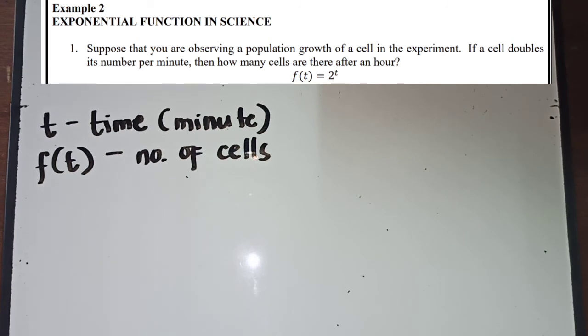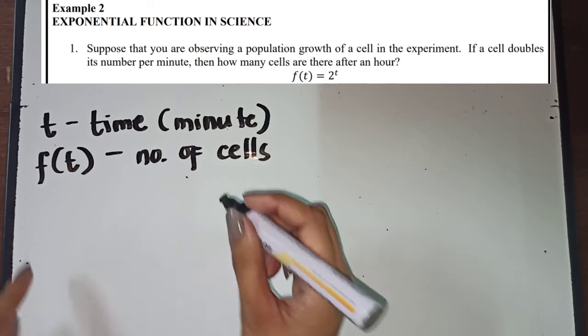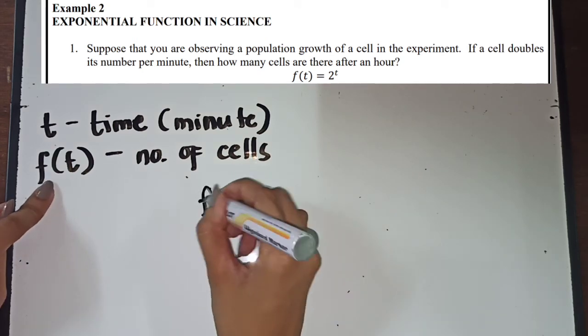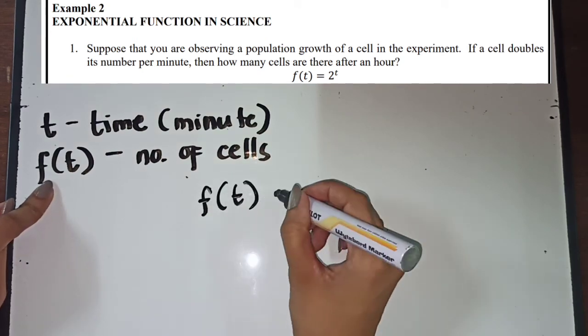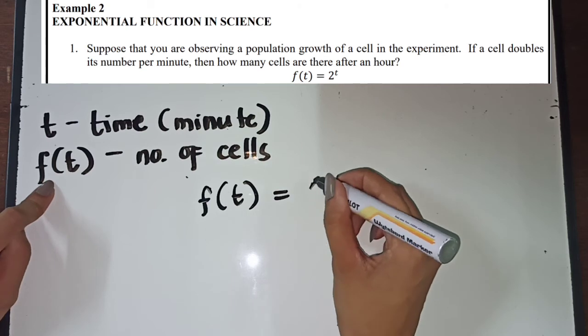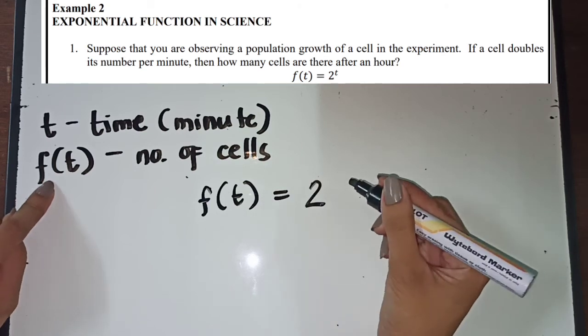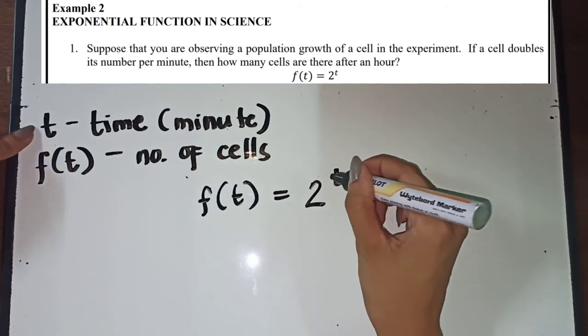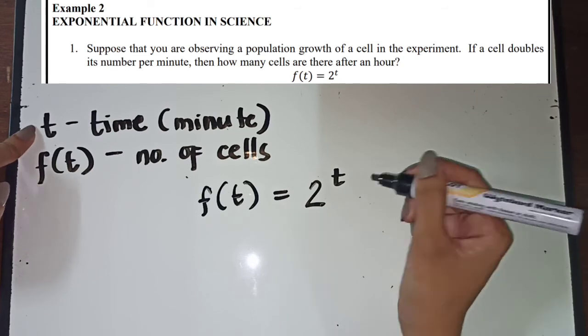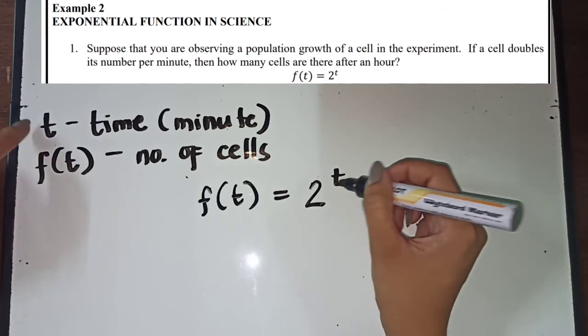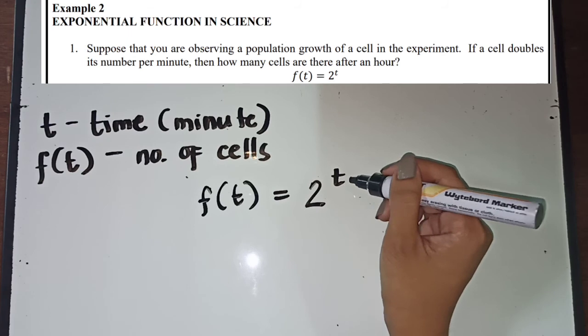So ang sabi po, yung cell daw is dumodoble per minute. So the number of cell, we have f of t. Sabi is dumodoble, that's why we have 2. Then this is an exponential function, so raised to the time, which is t.